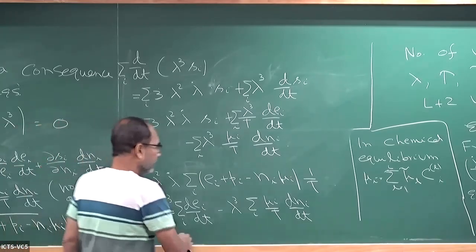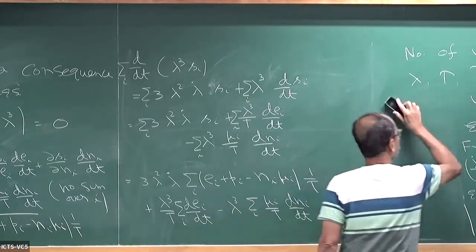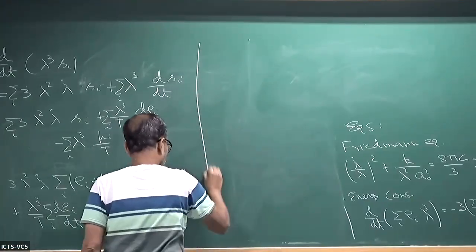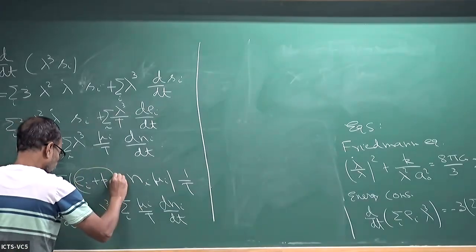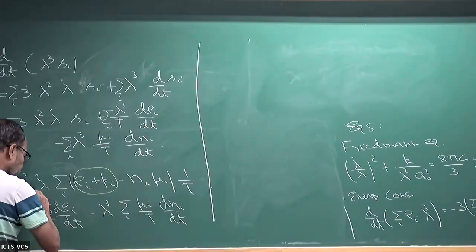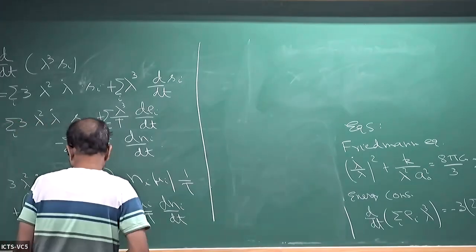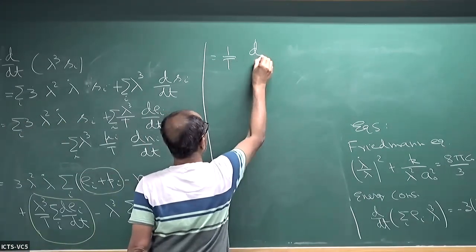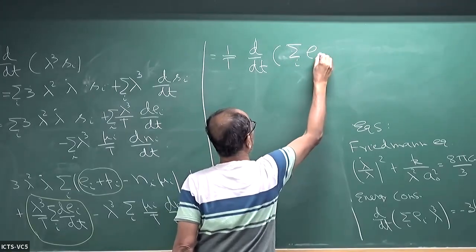Okay. So first we can get rid of the terms that vanish by the energy conservation. So let's do that. We look at these terms. What do we have? These two together I can write as 1 over T d dt of sum over I rho I times lambda cube.